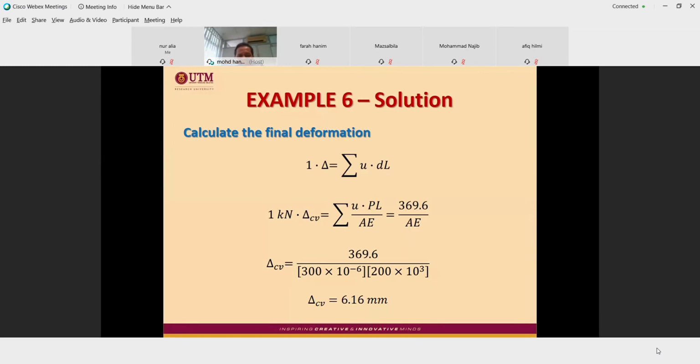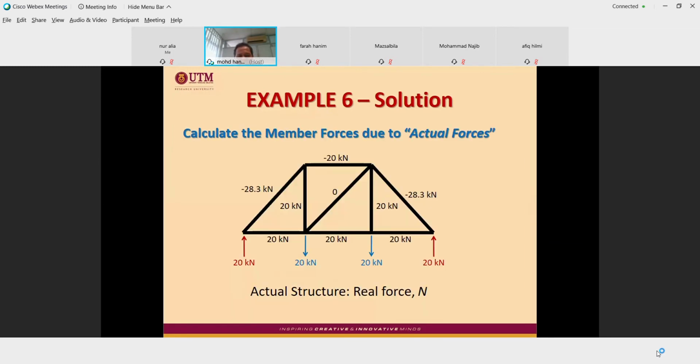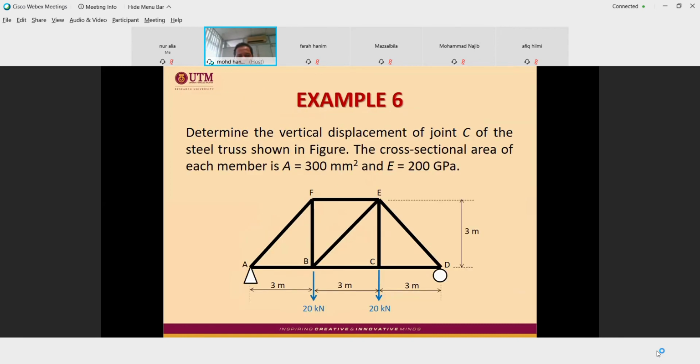What about AE? What is AE here? A is 300, and it is similar for all the members. E equals 200, and it is also similar for all the members.